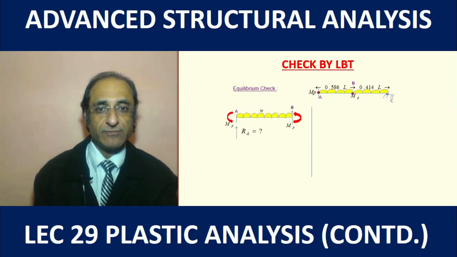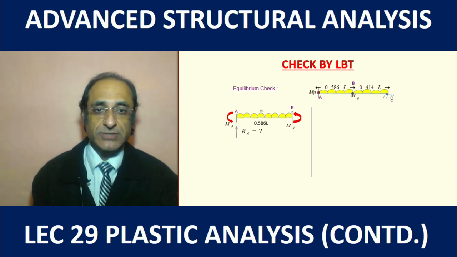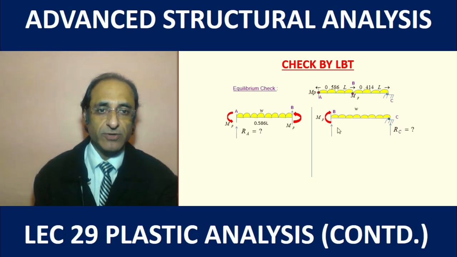So we have the two parts AB and BC. For part AB we find out the reaction RA, because now we have assumed that we have the moment MP at A and B, so we have drawn the free body diagram. So using this we can very easily find the value of RA, and similarly for BC, making use of again the free body diagram and the fact that the bending moment is MP at B. So just note the directions of the moments when we are drawing the free body diagrams.